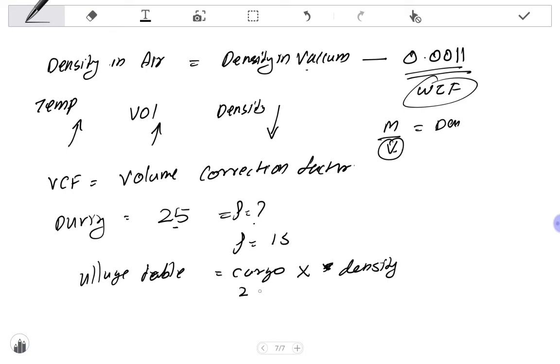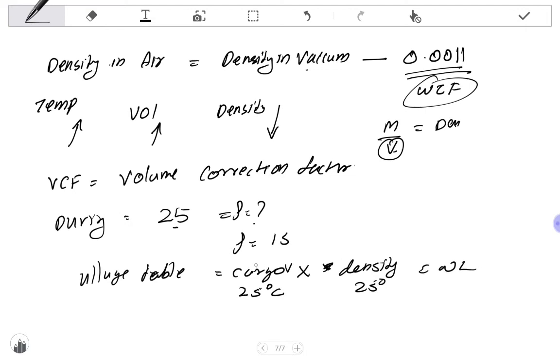Now this cargo volume is calculated at 25 degrees Celsius because you are taking ullage and you are also measuring temperature. So the volume of cargo at 25 degrees Celsius into density at 25 Celsius gives the weight.